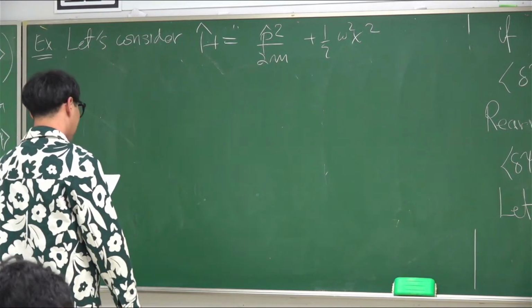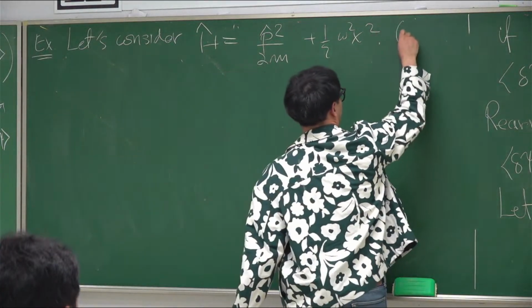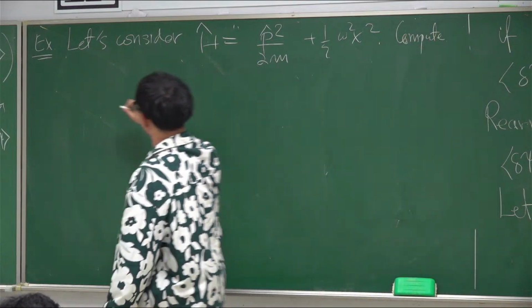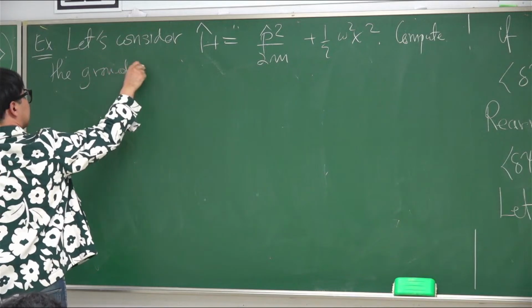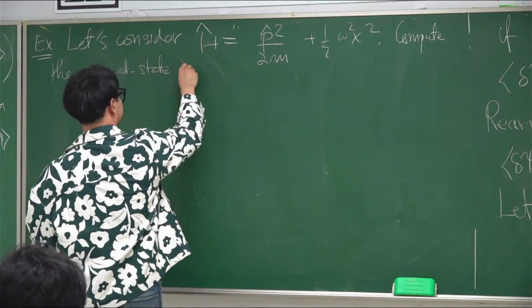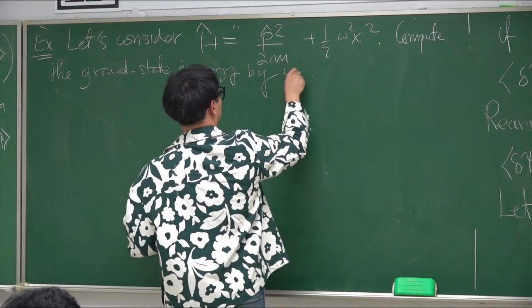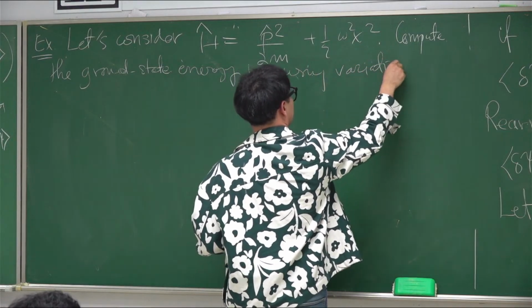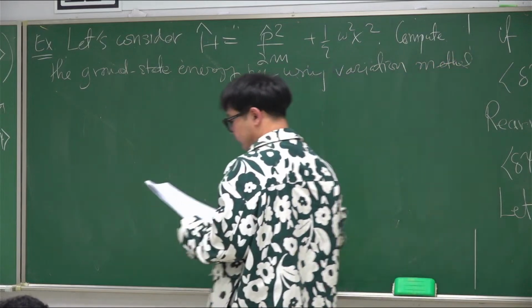And so we would like to compute the ground state energy by using the variational method. Okay.